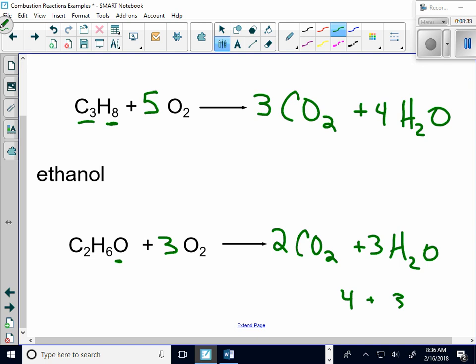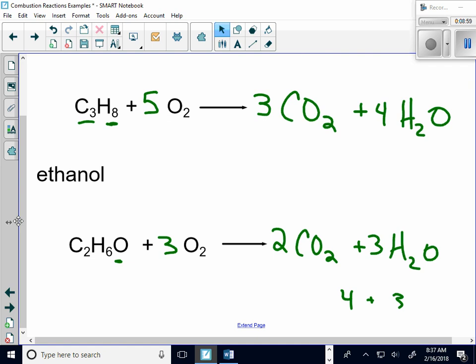Okay, that should be balanced there. So, basically, a combustion reaction, we know what the products are going to be, carbon dioxide and water. It's just a matter of balancing them out.